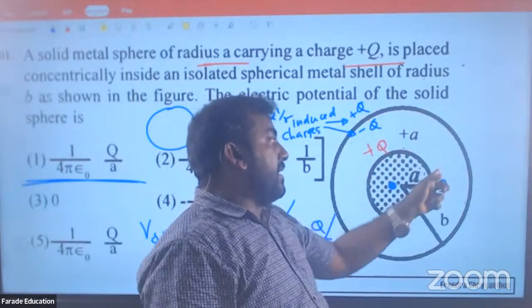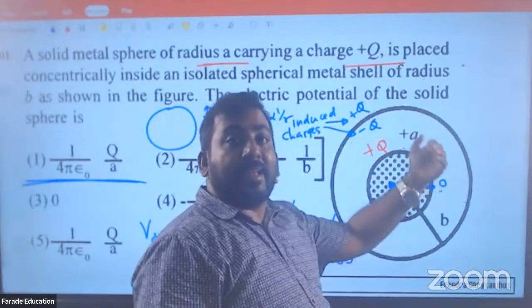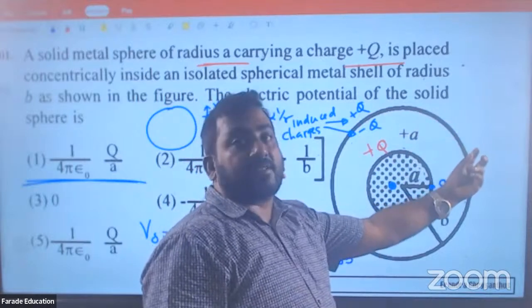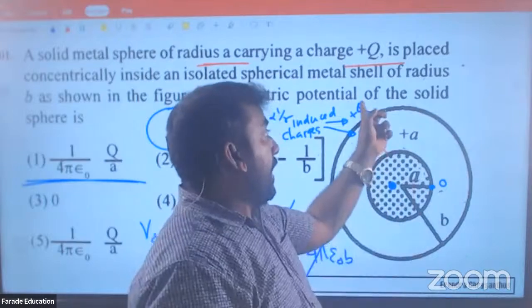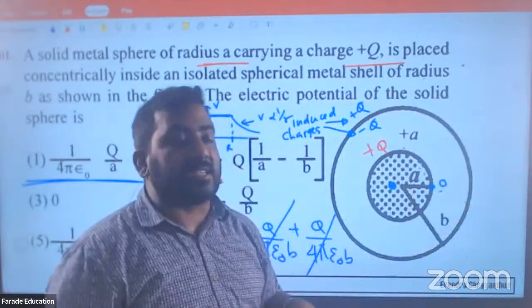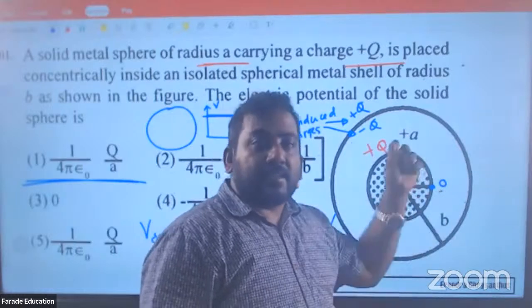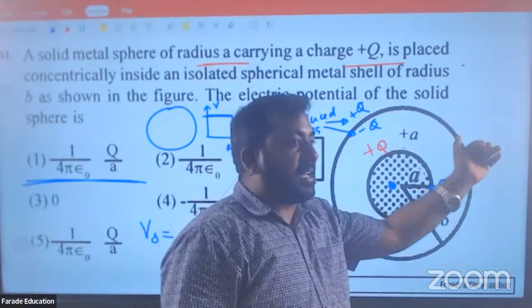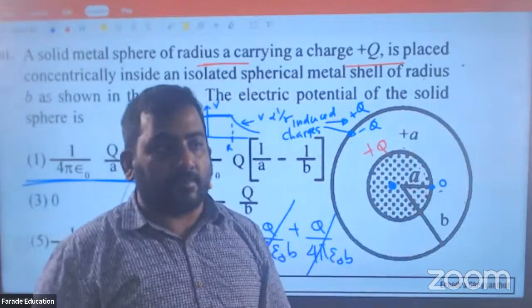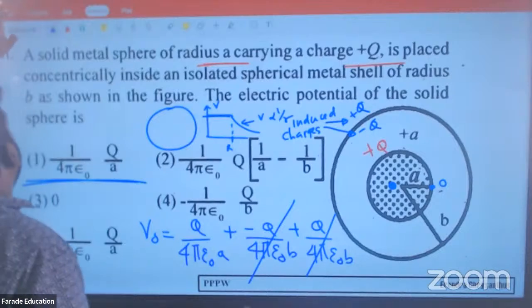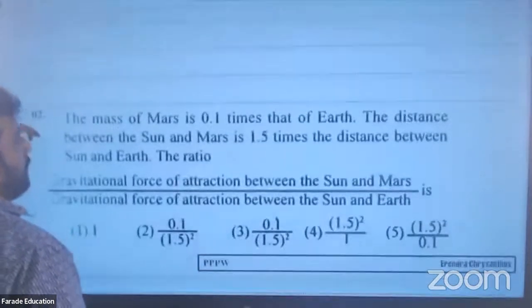In terms of minus Q, where is O? Inside the surface. Inside the surface potential and on the surface potential are the same. If I take plus Q, we are finding the potential inside, so inside potential and on the surface potential are the same. Okay, no? Right. Okay. Next one.